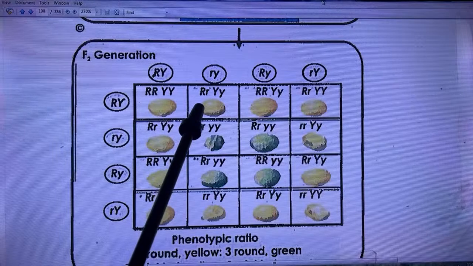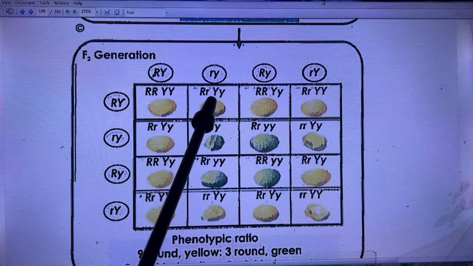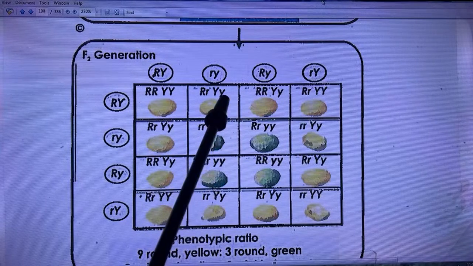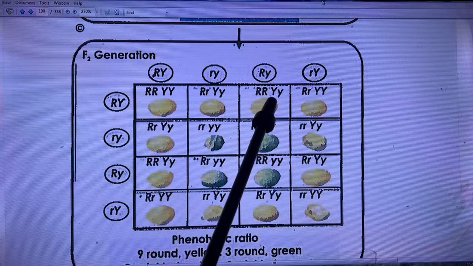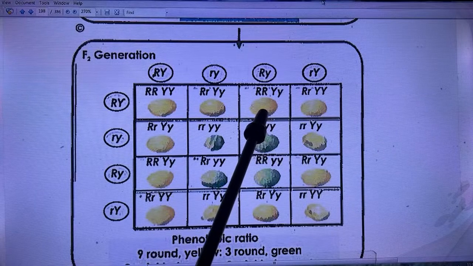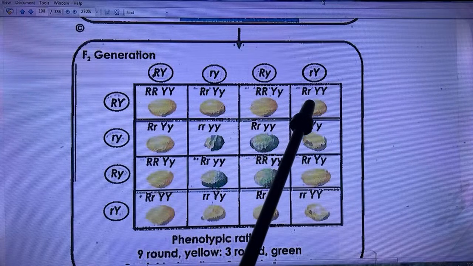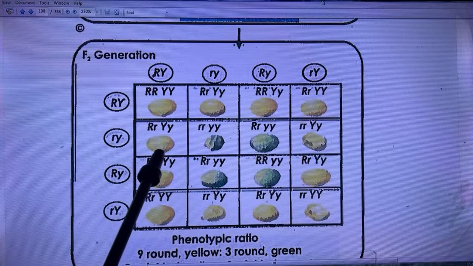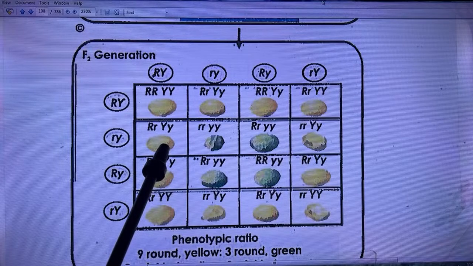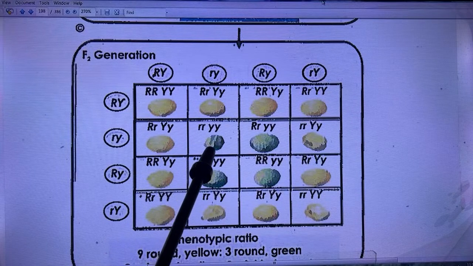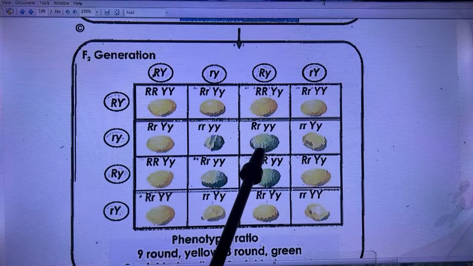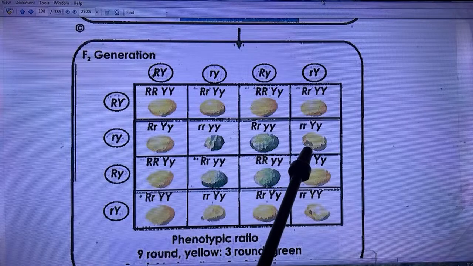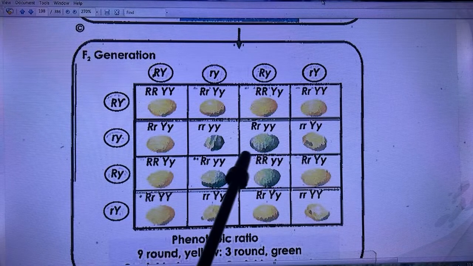Round, yellow. Round, yellow. Round, yellow. Wrinkled green, recessive character. Round, green. Wrinkled yellow, recessive character.